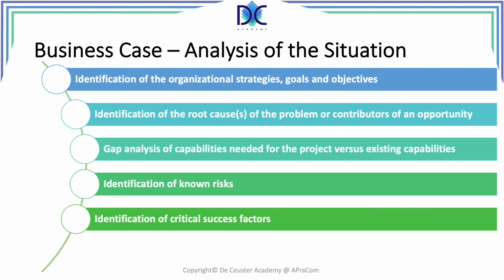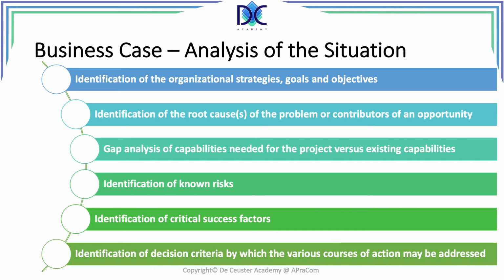What is a successful project? We have to define this at the level of the business case. And also, we have to identify the decision criteria by which the various courses of action may be addressed.